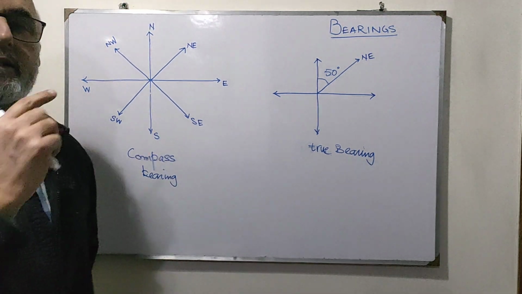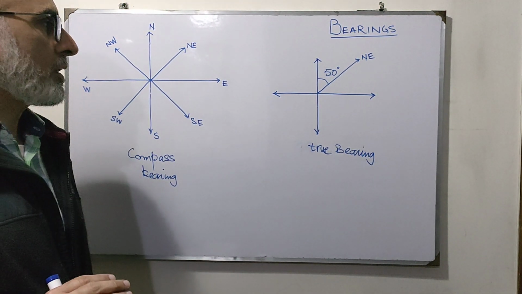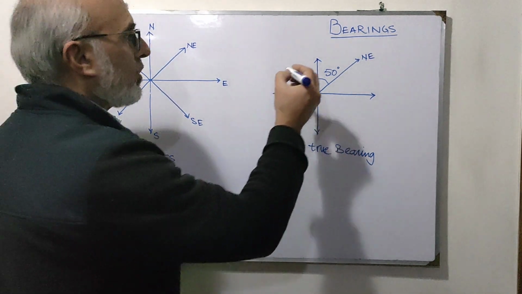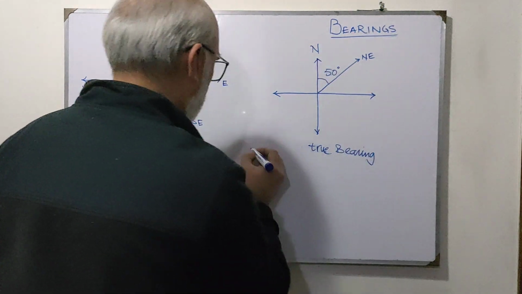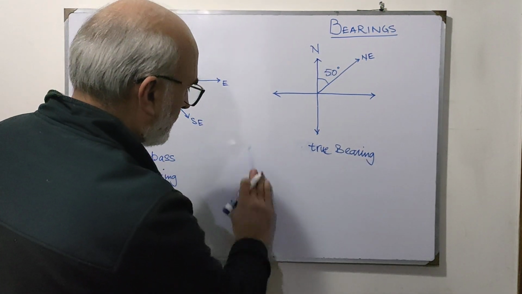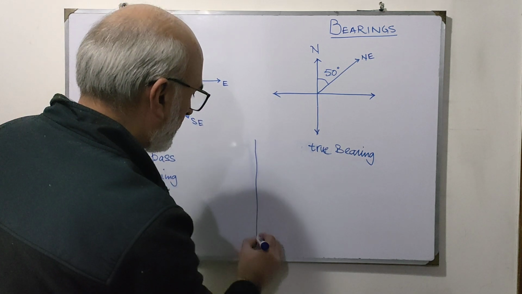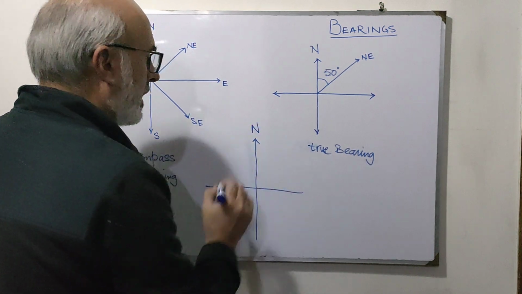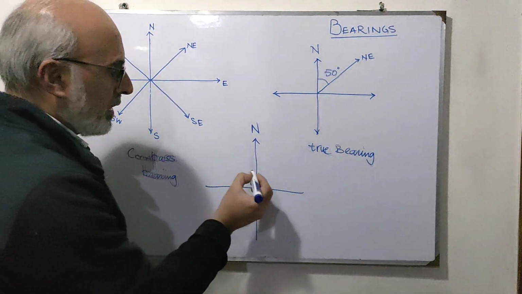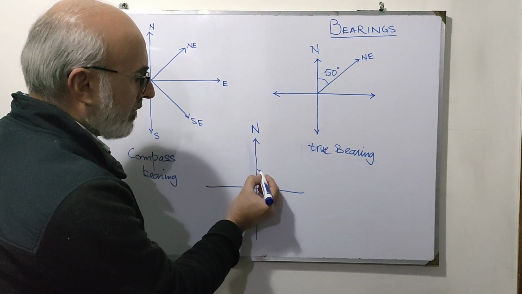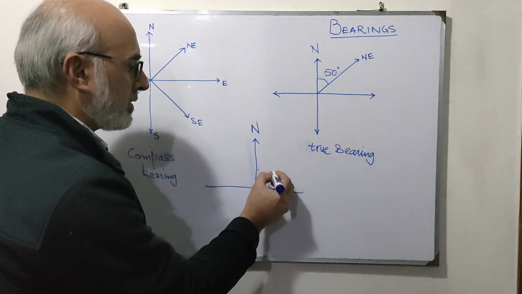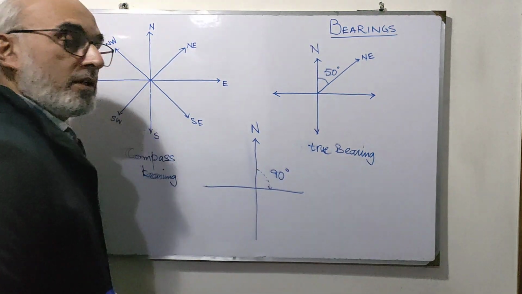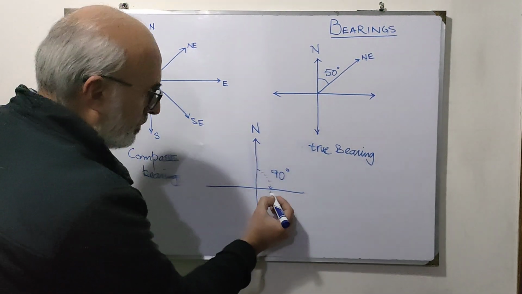Now, in the case of bearings, whenever we measure angles, we are always going to use north. So this is our north, and we start measuring our angles from here. This is 90 degrees. We keep on going like this.